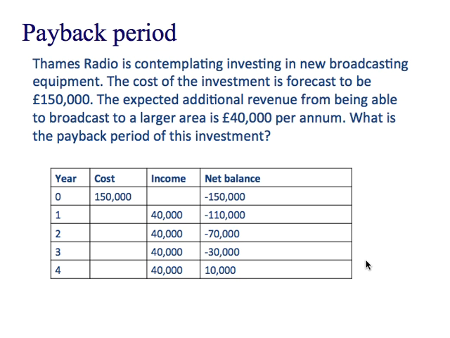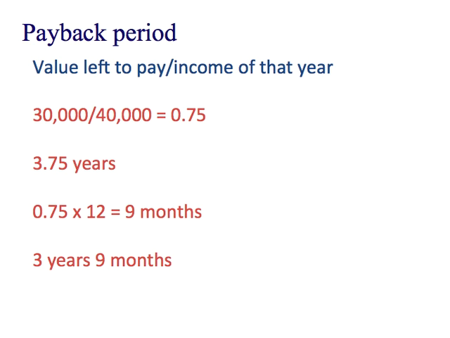So firstly, what we need to write down on paper is 3, because we know it's going to take at least 3 years. And when you're into your 4th year, the money will have been paid back. But how do we work out exactly how far into that year they're going to have paid back the initial investment? Well, we do this little equation: value left to pay over income of that year.